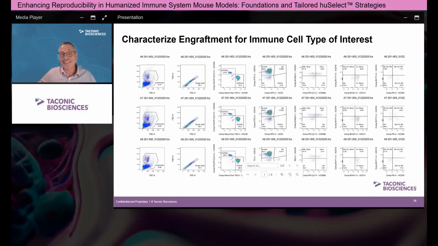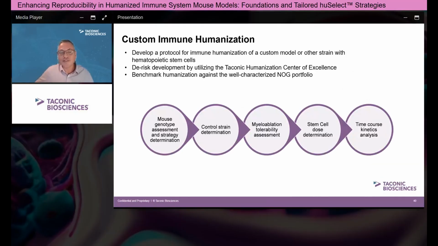Now, everything I've shown you today is from Taconic's products based on our HuNogs or HuNog EXLs. But really, these types of custom humanizations are suitable for any type of immunodeficient animal.